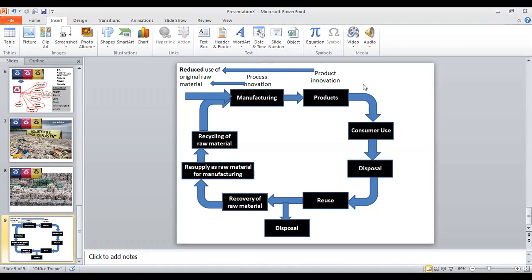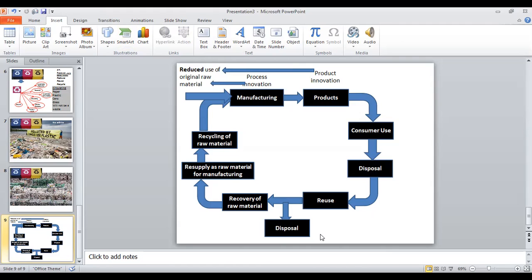Sometimes you are using this product innovations. So you may be looking for alternative raw materials, more greener solutions possible. So disposal here, reuse.